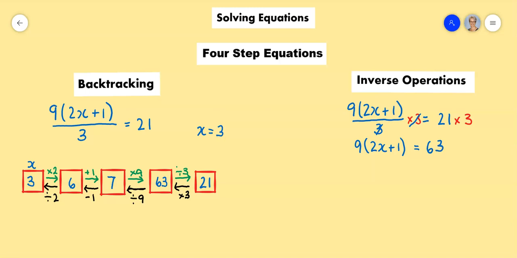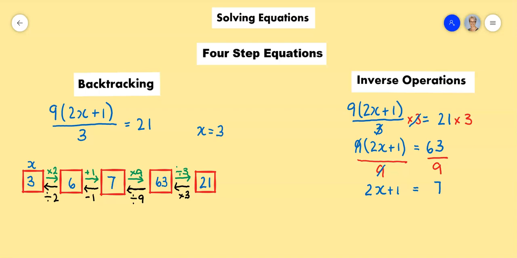The next thing we had to do to undo the equation was to divide by 9. So we're going to do that to both sides. Once again, times 9 and divided by 9 will cancel out, and we're left with 2x plus 1 is equal to 63 divided by 9, which is 7.